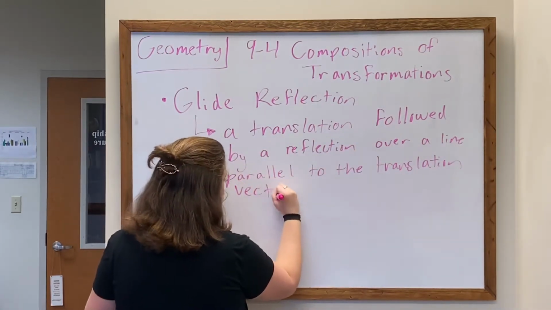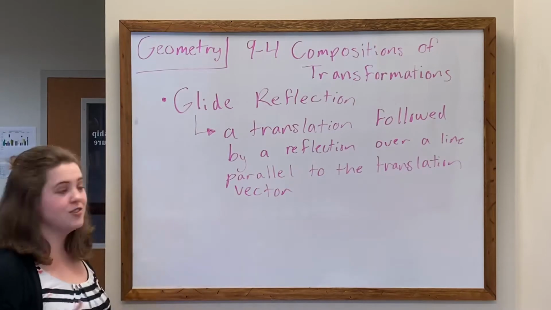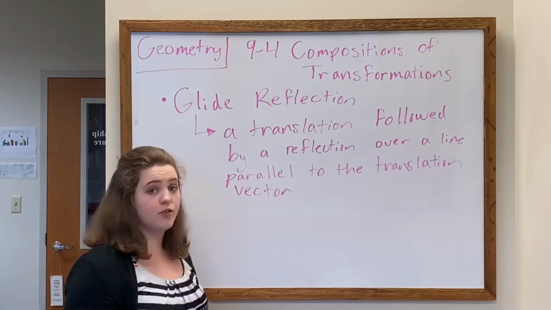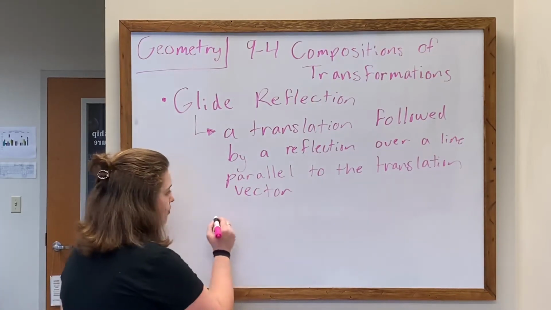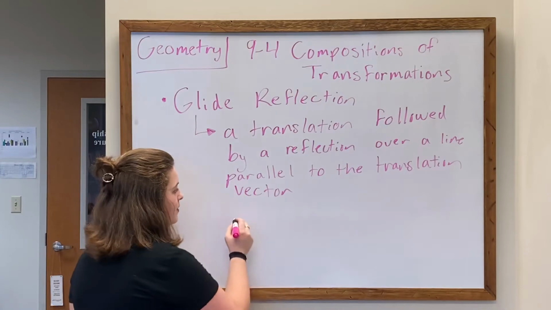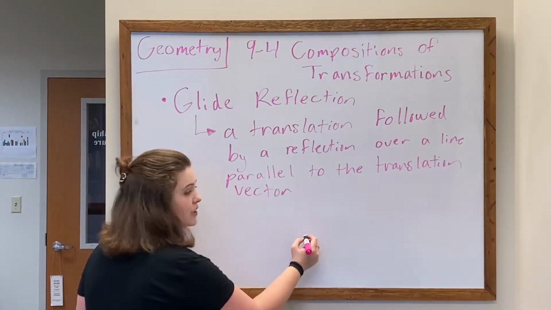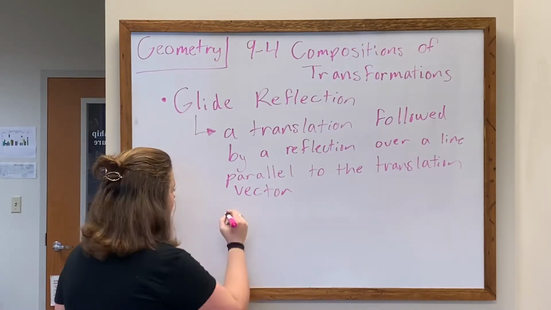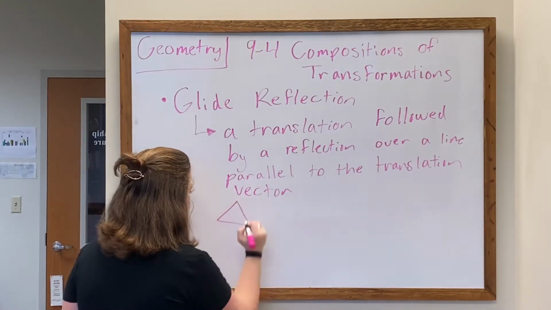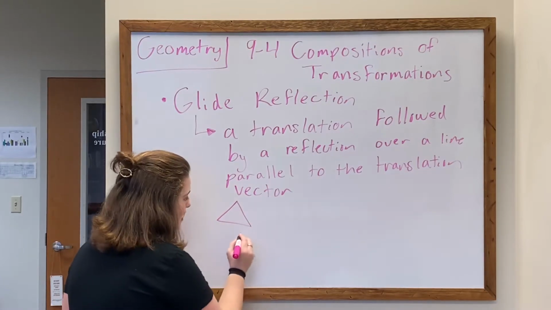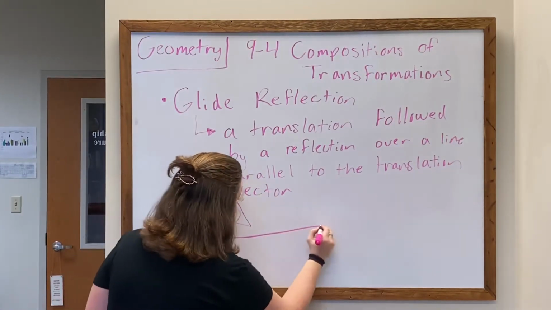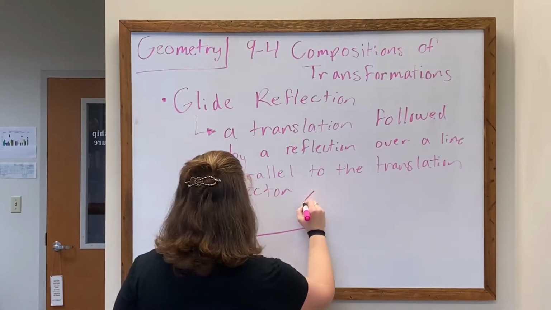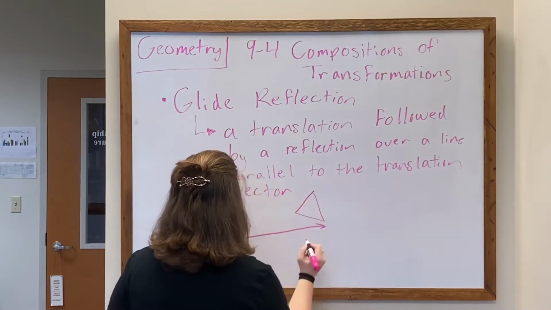Now your book gives a really good example of this that I'm not going to try to draw because I'm not very good at drawing feet. But they use the example of footprints. You'll have one foot, and then it'll slide forward and then reflect across for your other foot. I'll just use a triangle. First things first, I'm going to move along a vector, and draw my same triangle along this vector.